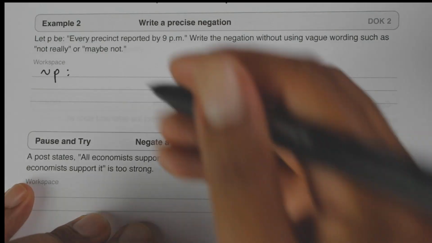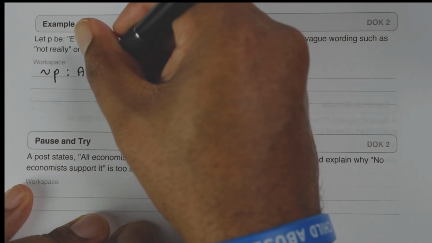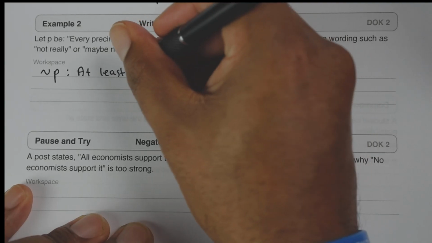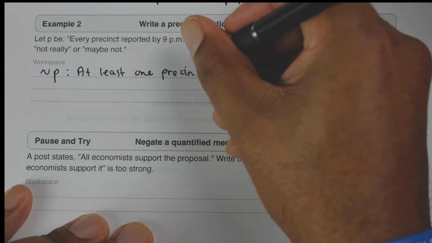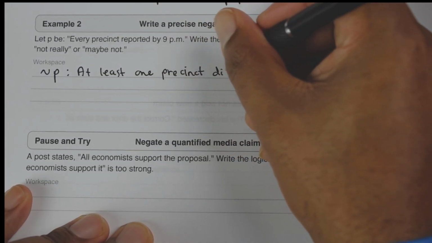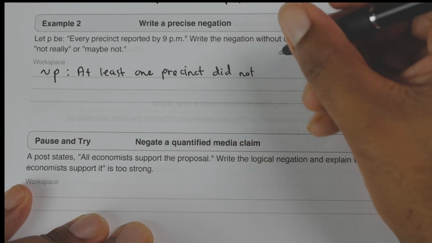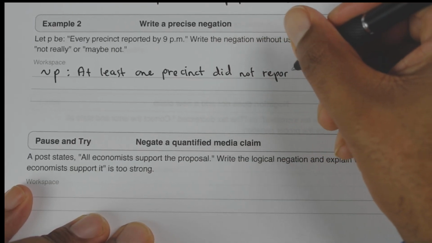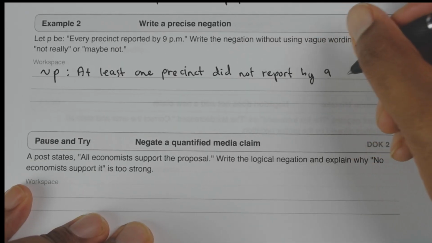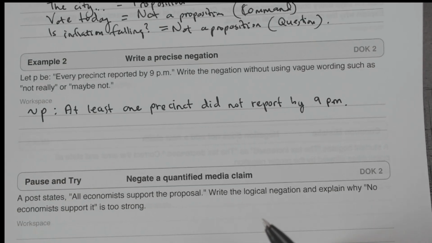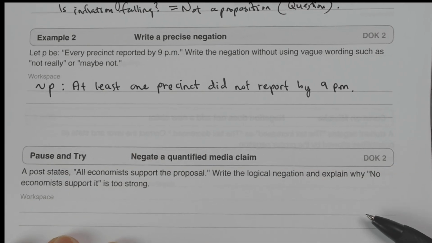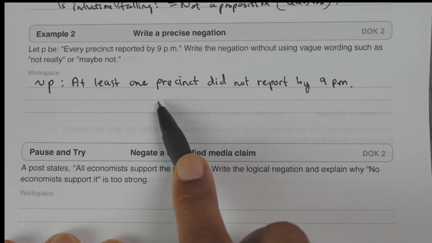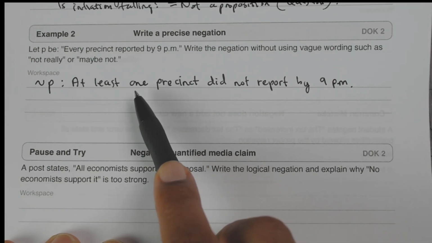would be: at least one precinct did not report by 9 p.m., right? Because if they're saying that every precinct reported by 9 p.m., I can disprove them by only finding one precinct.